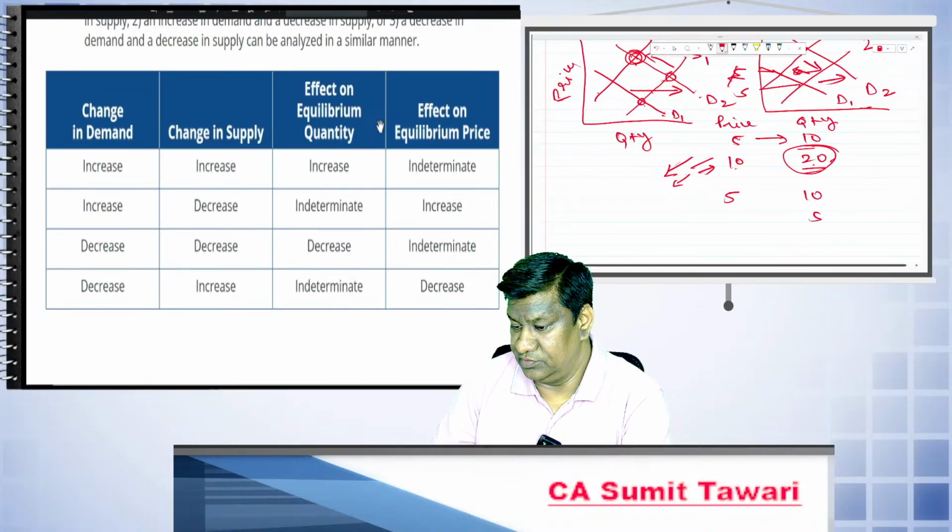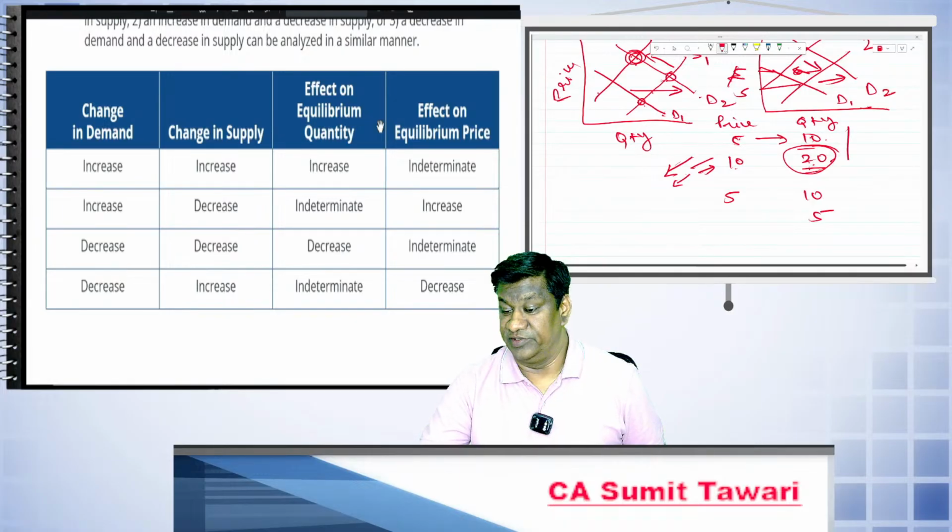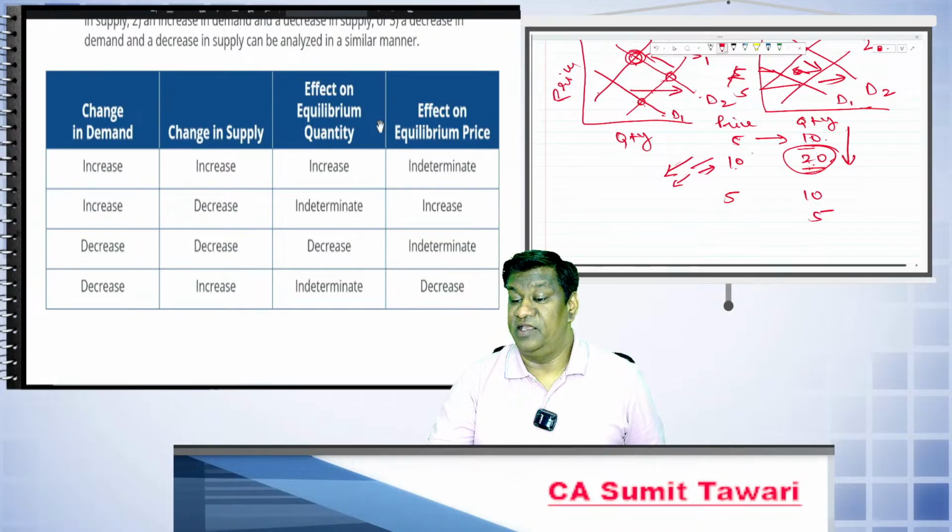So can you please repeat? See what happened. Like I want to increase the equilibrium quantity. Okay. So in that situation, the supplier is willing to supply at a higher price, more than 5, but the customer is willing to buy at less than 5.